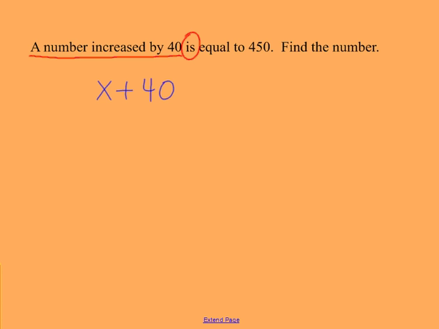Is means equals, or it actually says is equal to, so that means equals 450. Find the number, so solve for x. Well, this is a pretty simple equation to solve. We just need to subtract 40 from both sides of the equation, and we're going to get x equals 410.